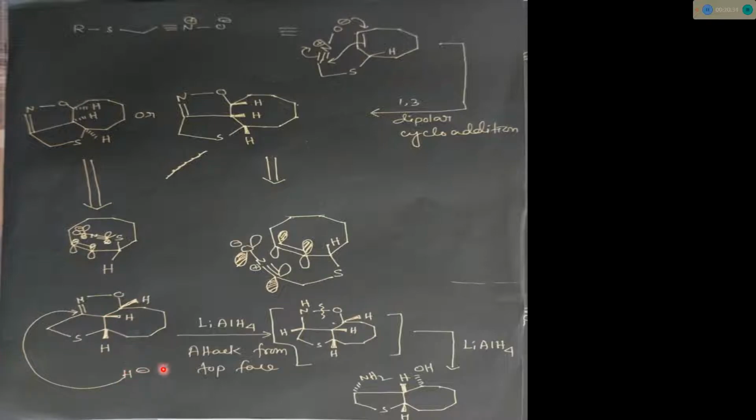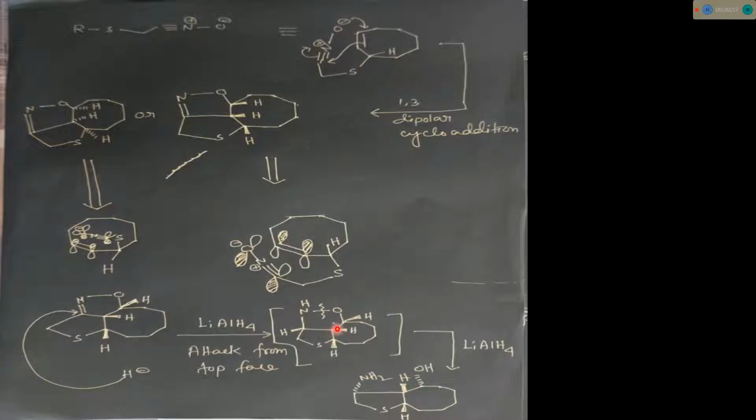So after this reaction this hydrogen will be above the plane and this NH should be below the plane. Now again in the presence of lithium aluminum hydride, this N-O bond will break to form NH2 and OH. So finally we obtain this kind of product.